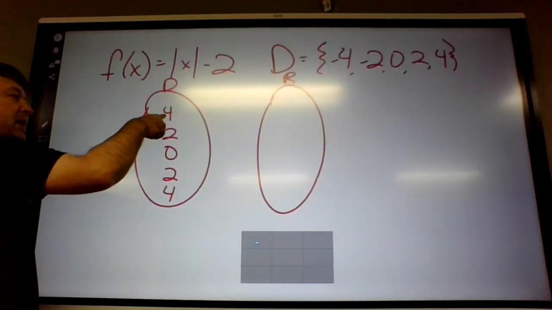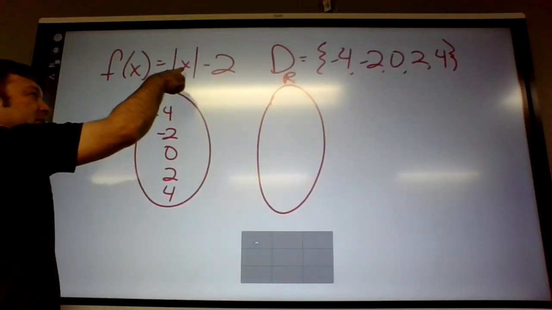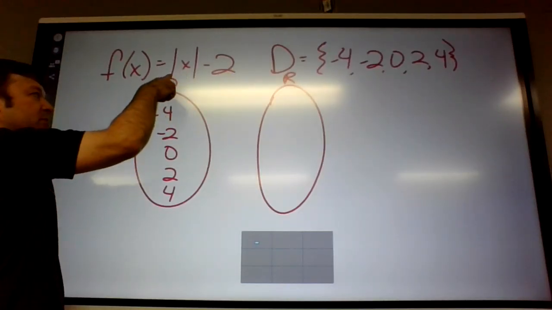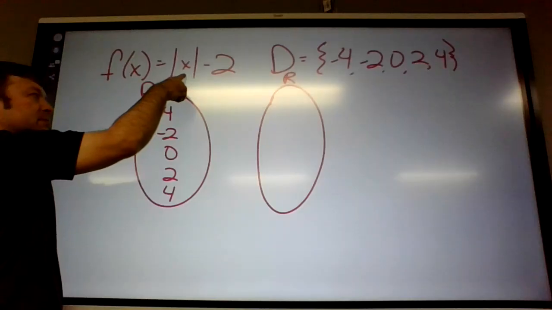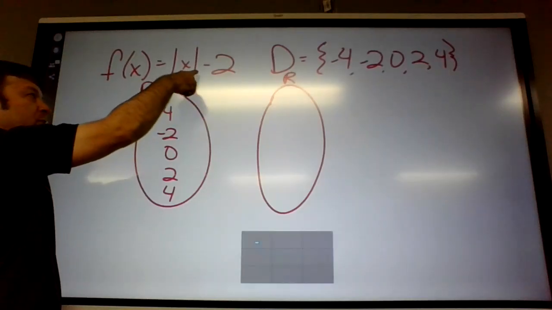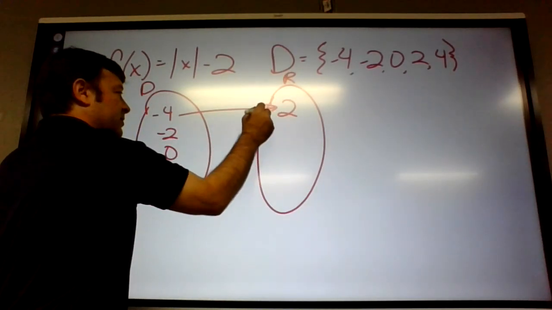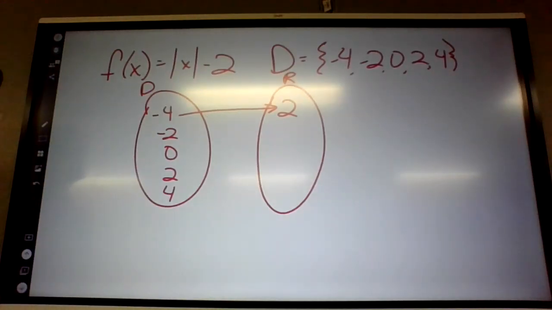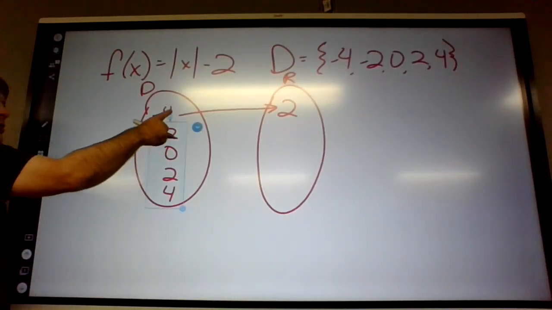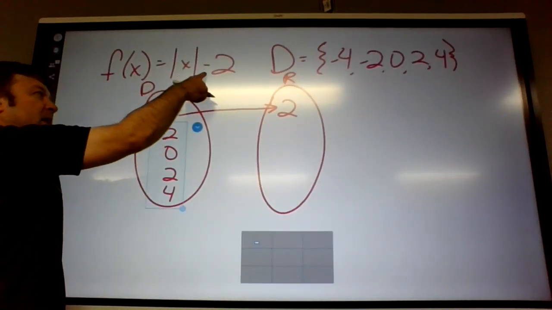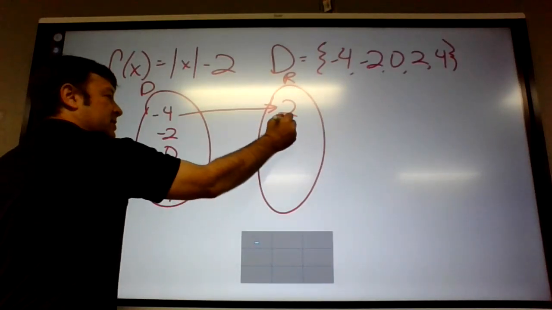If I plug in -4, what's -4 going to become? Positive 4 minus 2 is 2. So -4 goes to 2. If I plug in -2, absolute value of that is 2 minus 2 is 0.